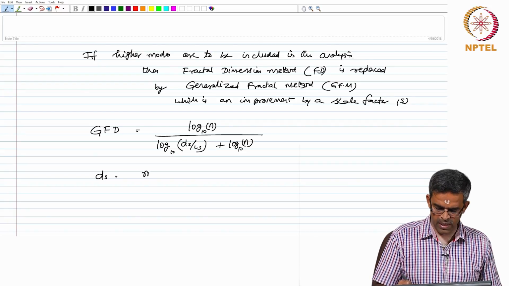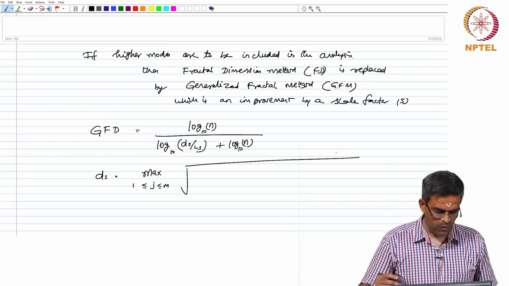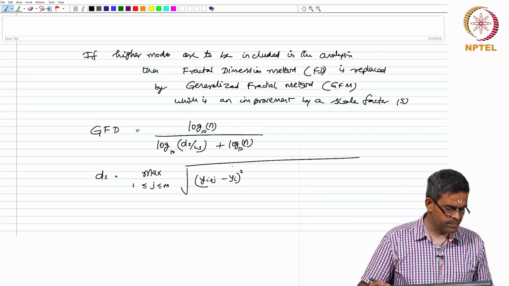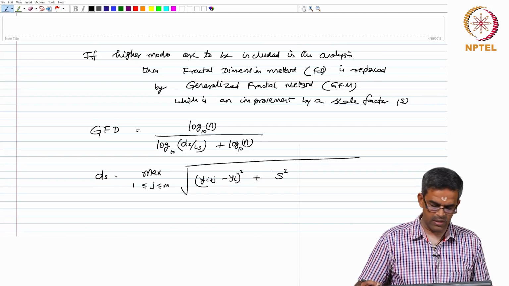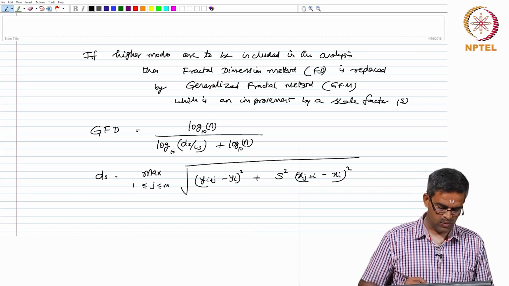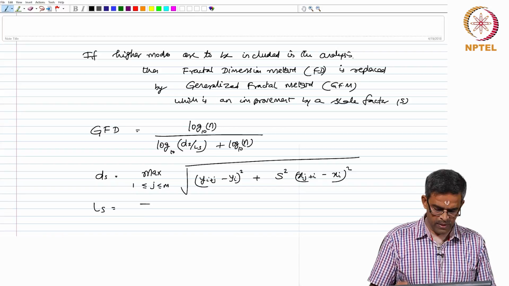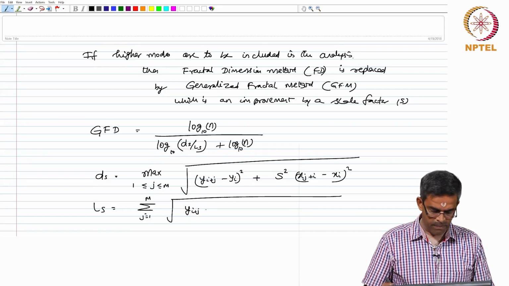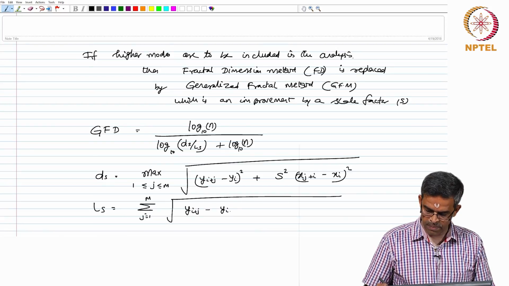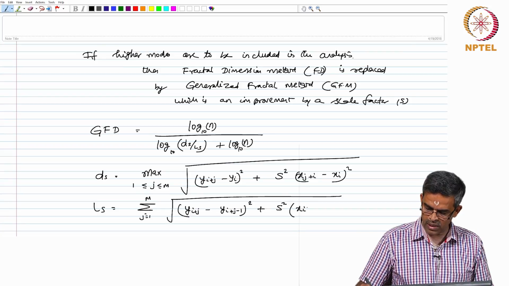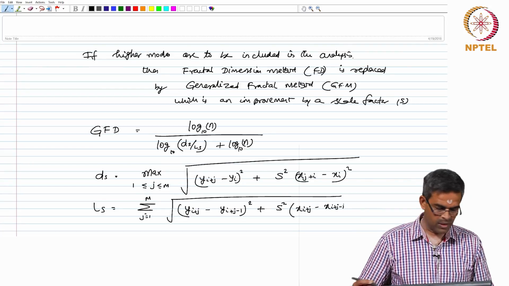So, ds in this case is given by maximum over 1 less than j less than m of square root of (y i plus j minus y i) the whole square plus the scale factor S square times (x i plus j minus x i) the whole square, whereas Ls is given by summation j equals 1 to m of square root of (y i plus j minus y i plus j minus 1) square plus S square times (x i plus j minus x i plus j minus 1) square.